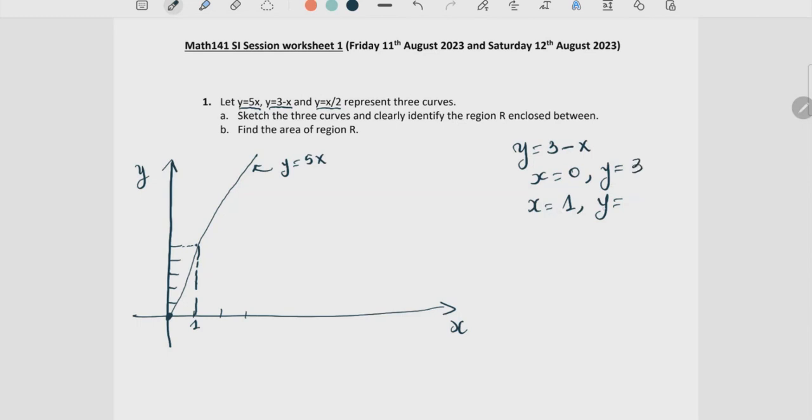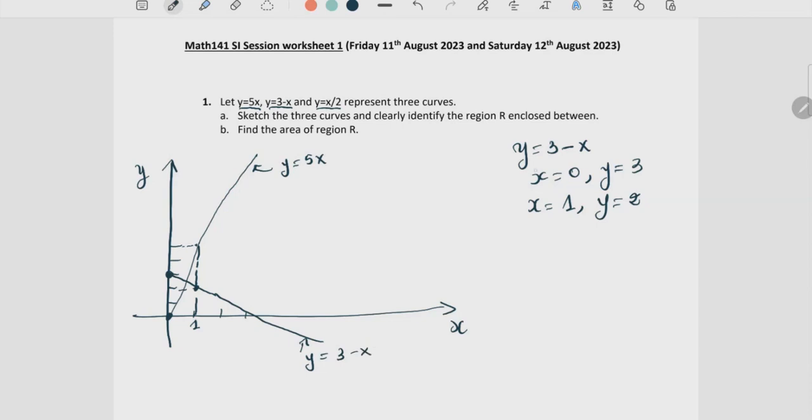When x is equal to 1, y is equal to 2. So let's represent that. So that point there, as well as this point here, somewhere there. So we have something like that. Right, so this would be the curve of y is equal to 3 minus x.